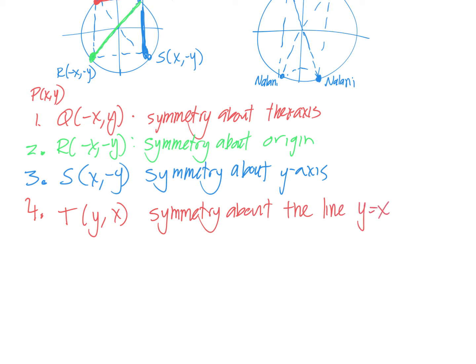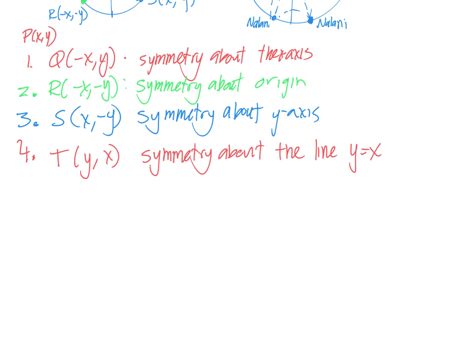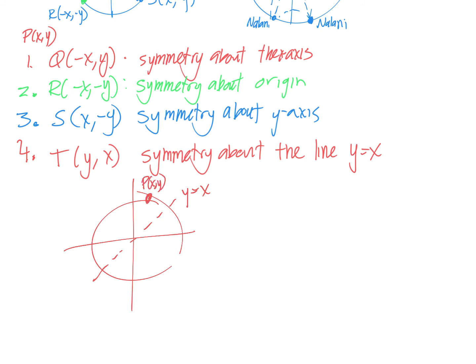So here we're really interchanging the x and y values. So what that looks like is we have the line y equals x. So if the point up here is P of x, y, then if we go across this way, then we just go back the other way. We're reflecting over that line. This would be T of y, x. We just switch how far our x is and our y is.